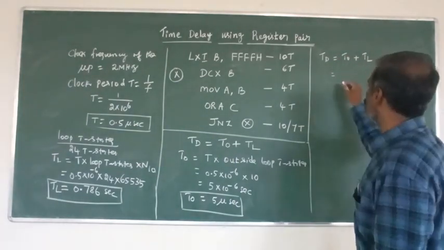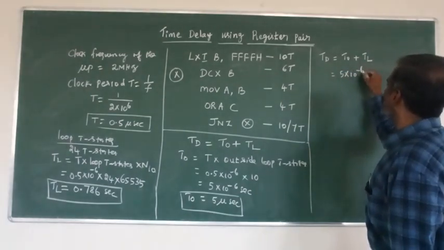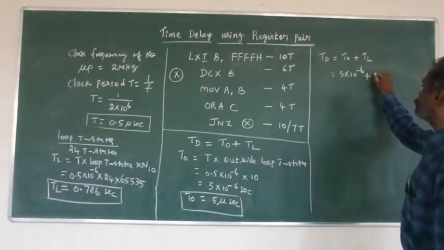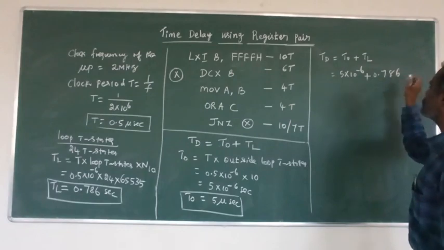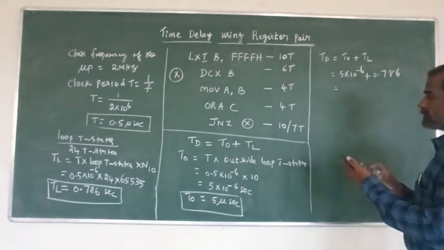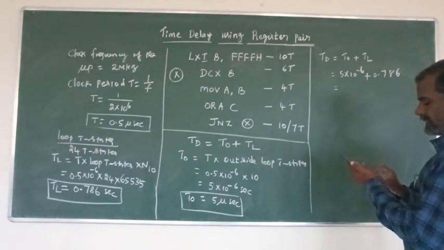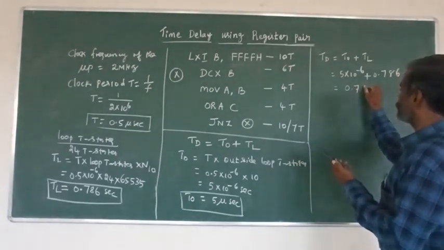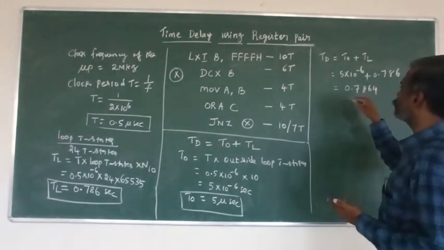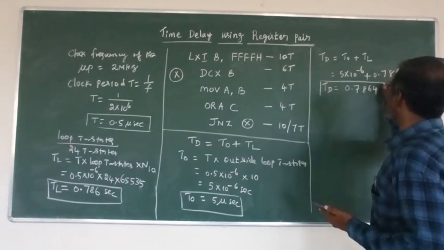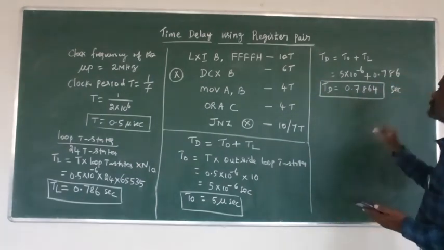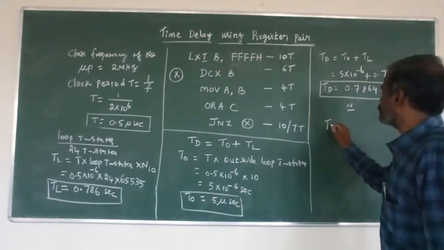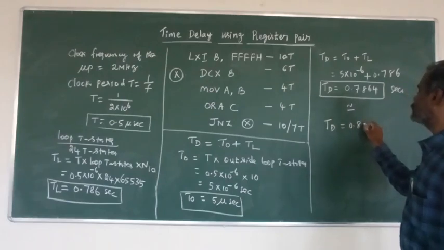TO value is 5 microseconds, 5 into 10 to the power of minus 6, plus TL value 0.786. Now adding these two, you get the result 0.7864 second for TD. Or approximately TD equals 0.8 seconds.